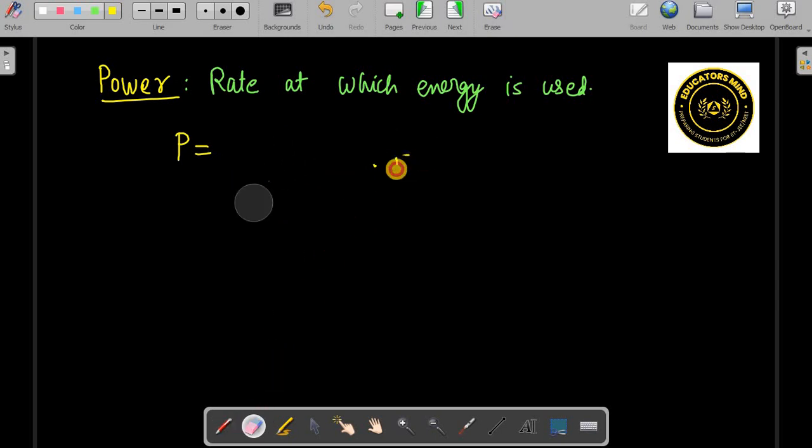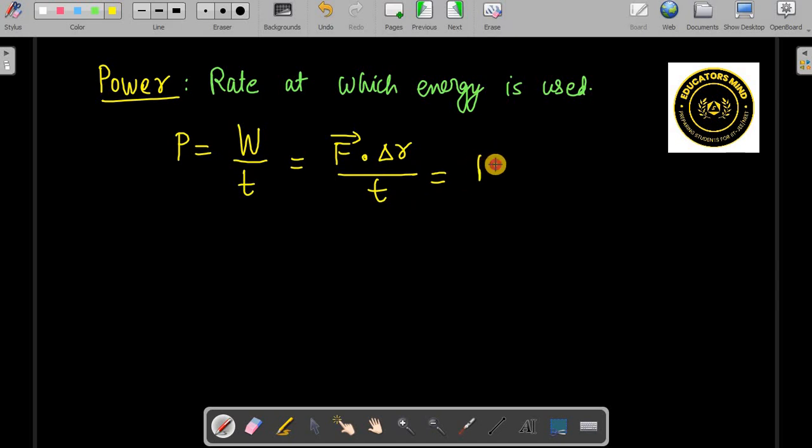If you take the total work by the total time interval, work done is force dot displacement, delta r, divided by time. Delta r by t is velocity. So power is force dot velocity.